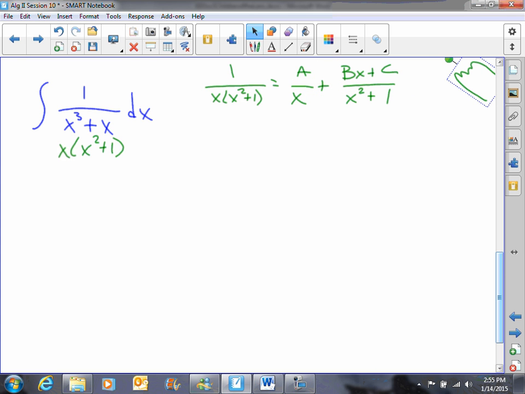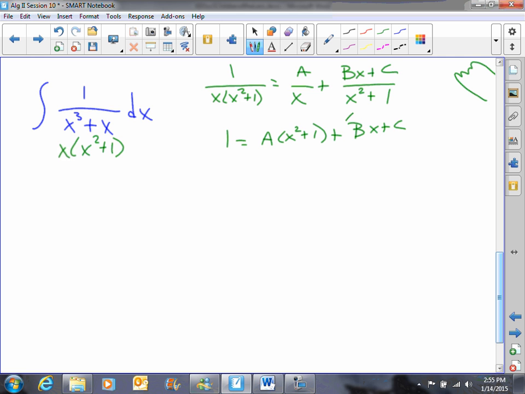Now, multiplying through by x times x squared plus 1, we get 1 is equal to a times x squared plus 1 plus bx plus c times x. And for propitious values of x, I'm afraid there's only one this time. Let's let x equal 0.